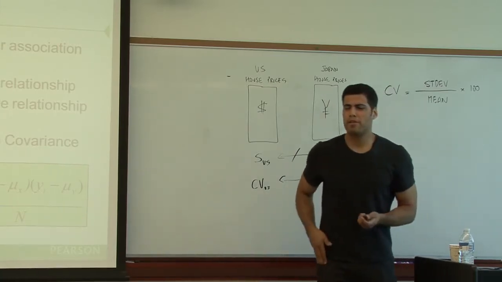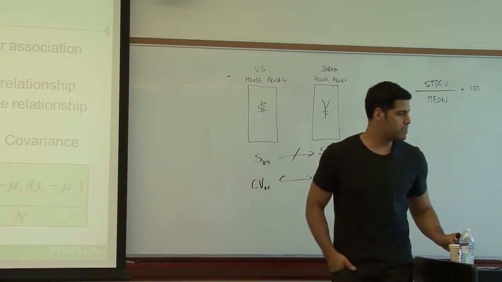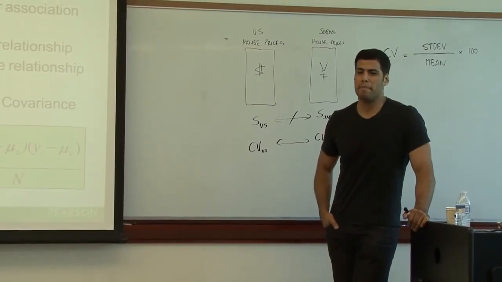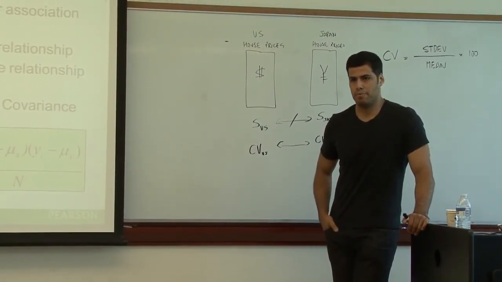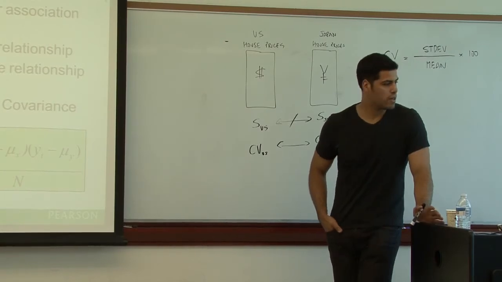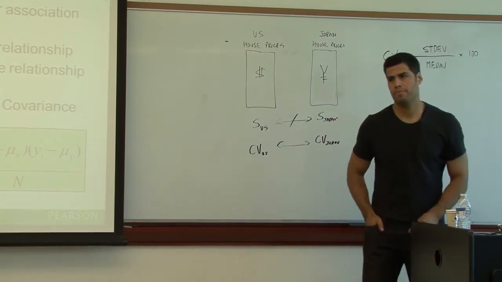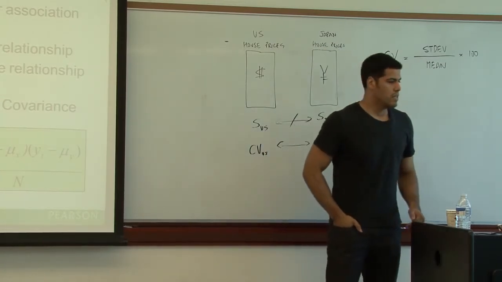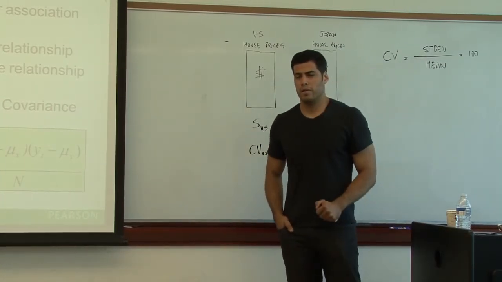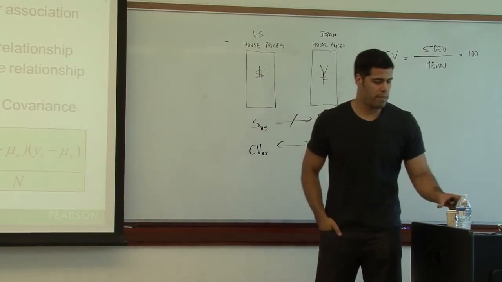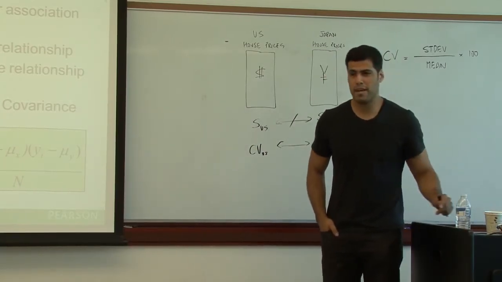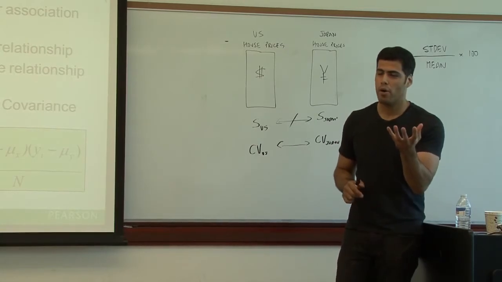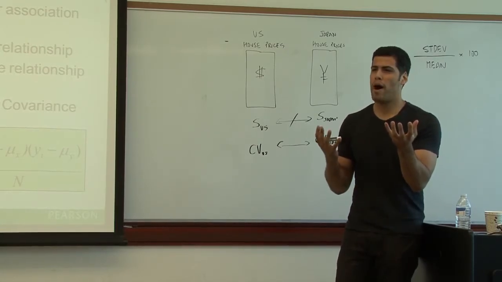The covariance measures the relationship between two variables, but it measures the linear relationship, okay? And that's a key word there, okay? Linear relationship. So when I say co-movement, I'm saying when variable x goes up, what is variable y doing?